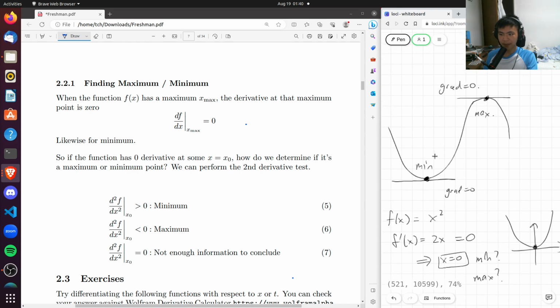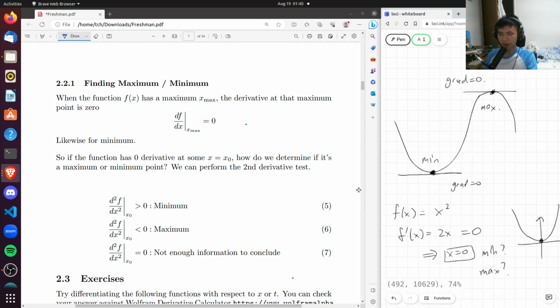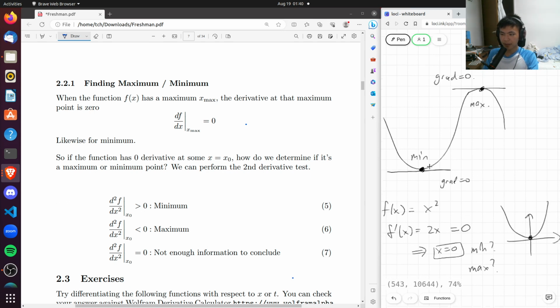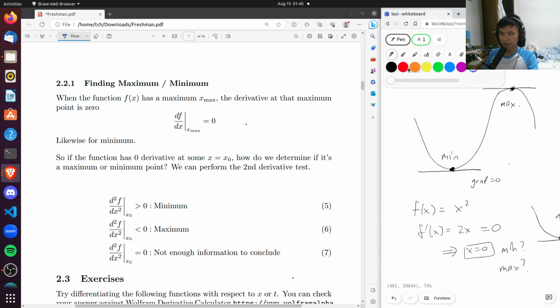So how this works is that if we take a look at this example graph above, you see that if I plot the gradient of this function with respect to x, so I'm plotting the derivative. Let me just label it clearly. This is the function f of x, right?